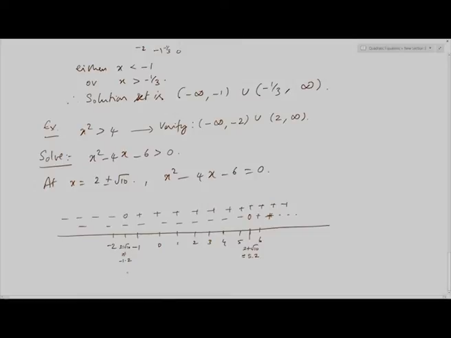So 2 plus root 10 to infinity both are positive, and from minus infinity to 2 minus root 10 both are negative. So in both cases we have the strict inequality greater than 0. Therefore this will be the solution set.